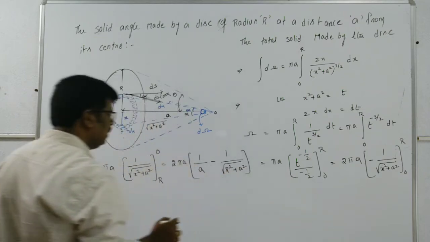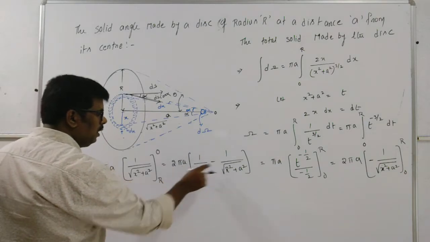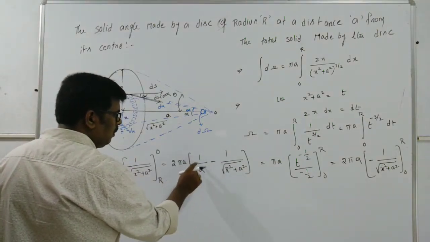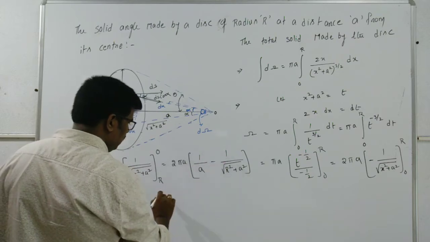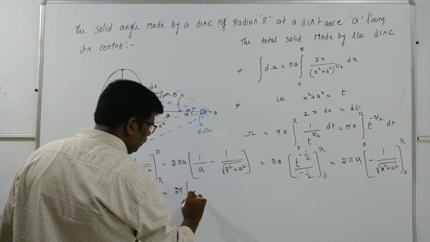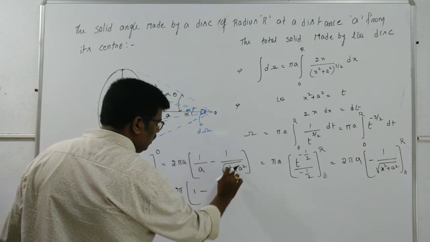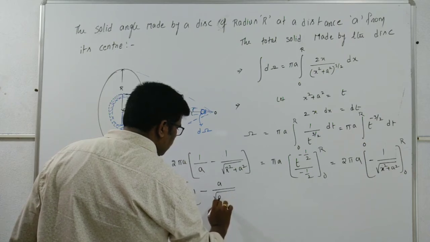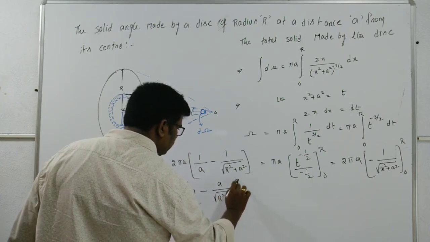Then multiplying, a into 1 by a means 1. So you can write 2 pi a into 1 by a, 1 minus a into 1 by root over r square plus a square, which is a by root over r square plus a square.